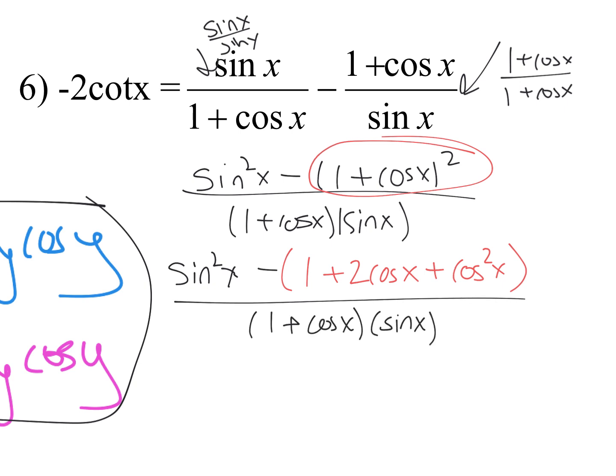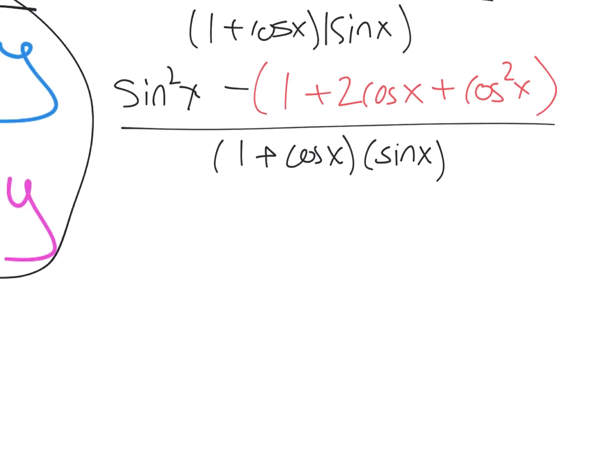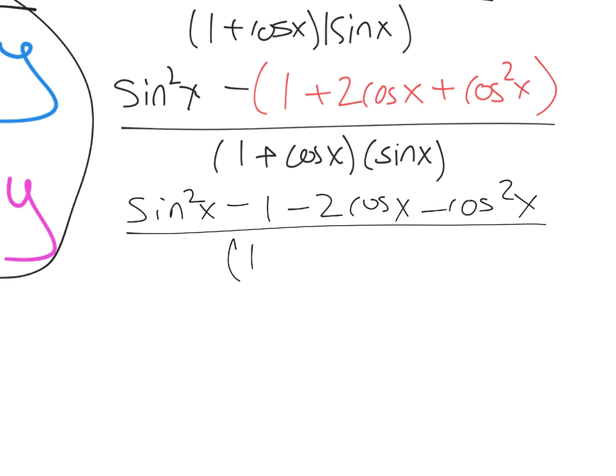As I keep telling you, don't distribute the denominators for these until you feel like you have no other options, because more often than not, things will cancel. So once I distribute the numerator, I get this, sine squared x minus 1 minus 2 cosine x minus cosine squared x.